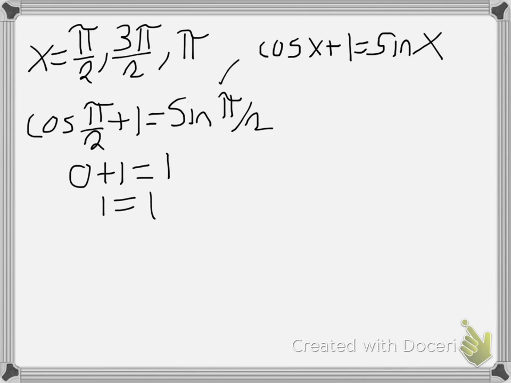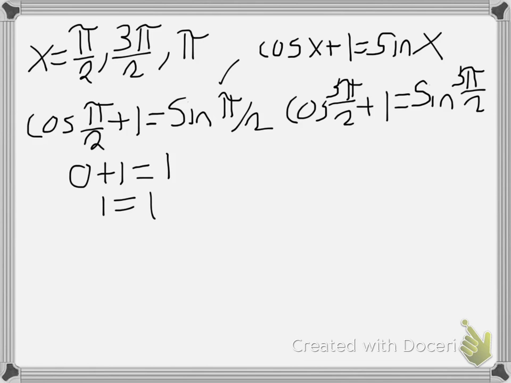Okay, so let's try 3 pi over 2. The cosine of 3 pi over 2 plus 1 is supposed to equal the sine of 3 pi over 2. Well, the cosine of 3 pi over 2 is 0 plus 1. But what's the sine of 3 pi over 2? It's not 1. It's actually negative 1 because you went down.